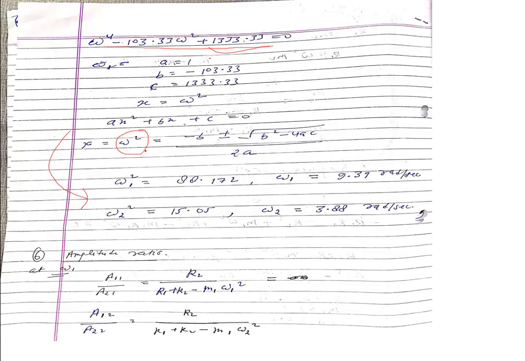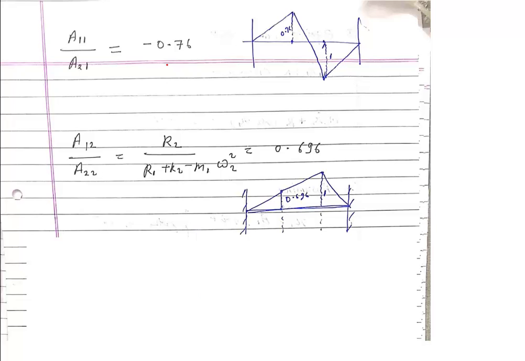So from this we have found the values of omega 1 and omega 2. Putting all the values of k1, k2, m1 and omega 1, we get the ratio a11 upon a21, which will be 0.76, so we can draw the mode shape. If this is 0.76, then the other must be 1.